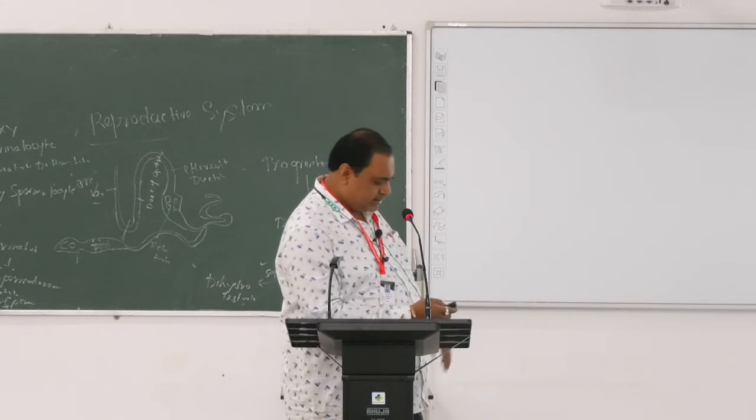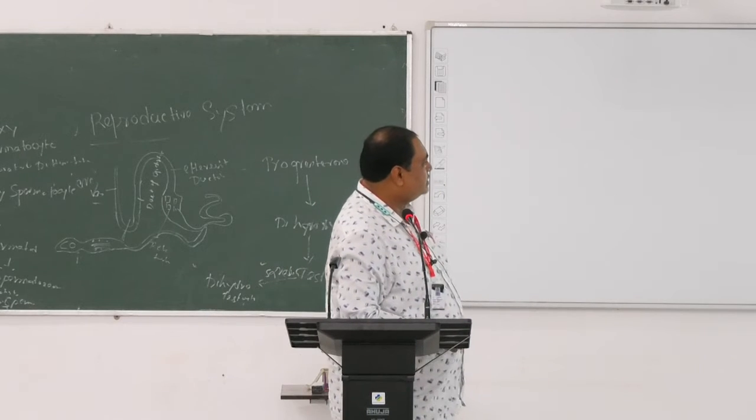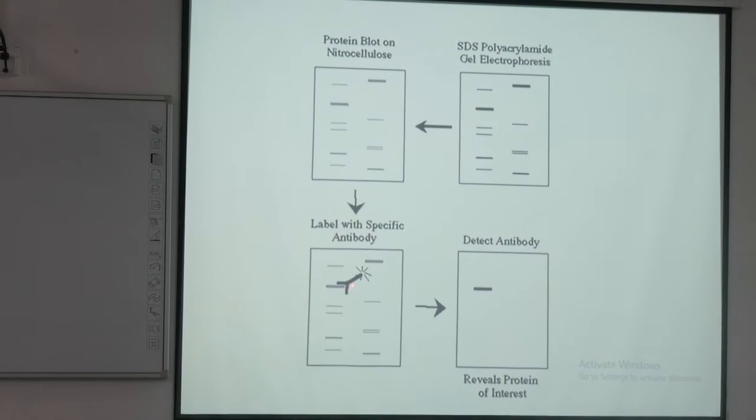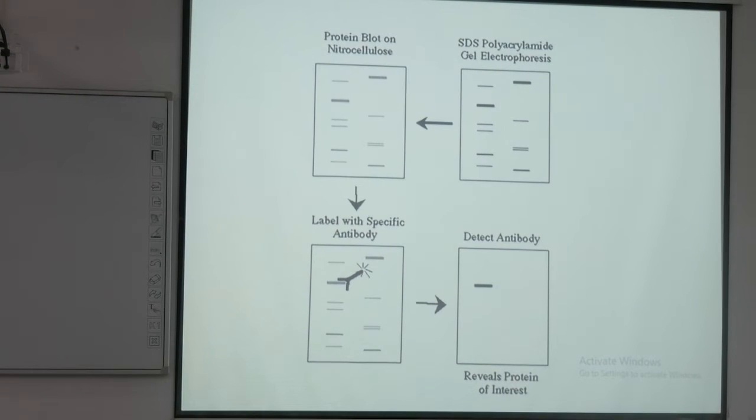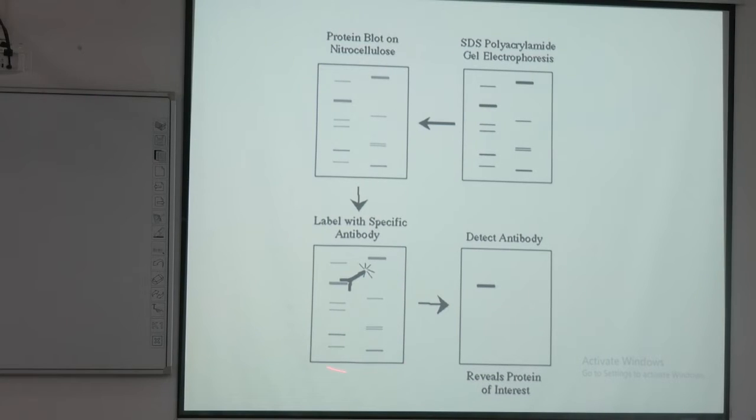Now on that, you must use this thing: specific antibody, which recognizes that particular protein of interest. And this one should be recognized by secondary antibody, which is not shown here.